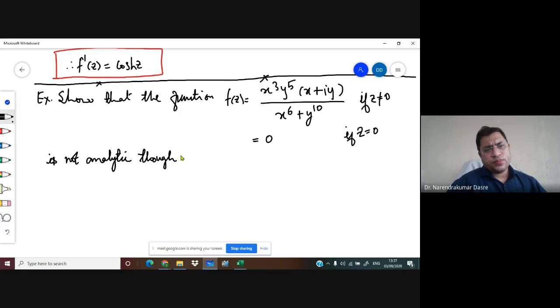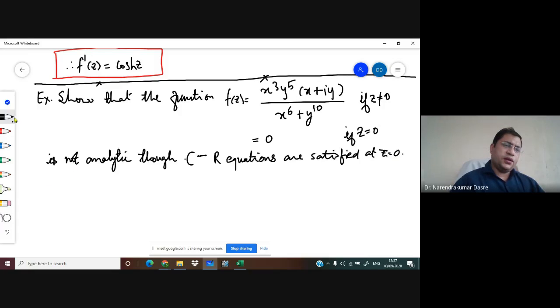So the CR equations are satisfied at z is equal to 0.